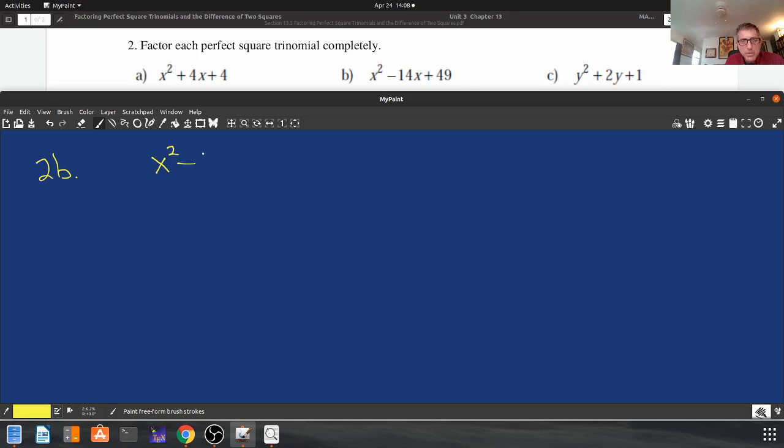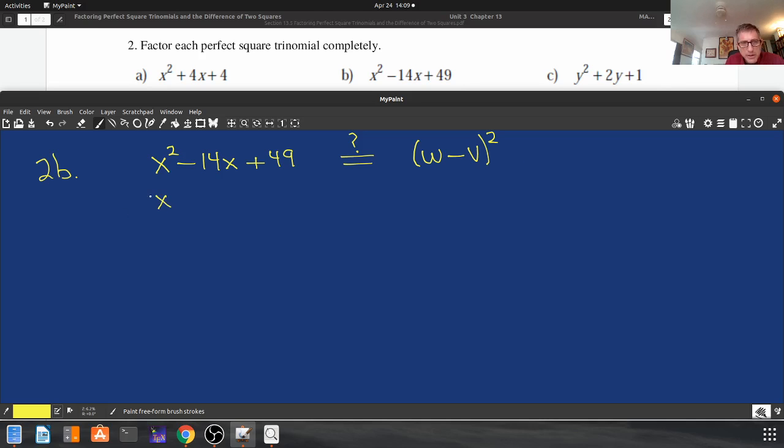Normally I would just restart my computer, but of course I can't restart my computer because I'm doing a video. And I want to know, since that's a negative here, can I find a v and a w such that this is equal to w minus v squared? So let's see.